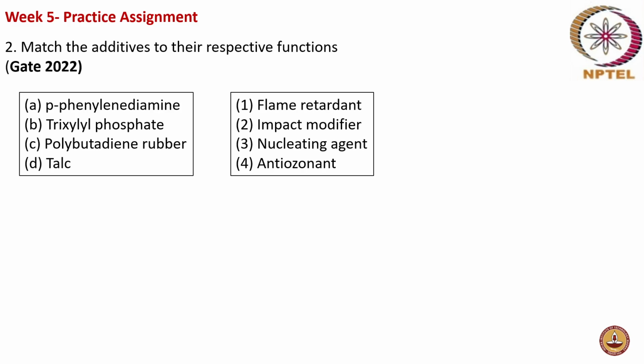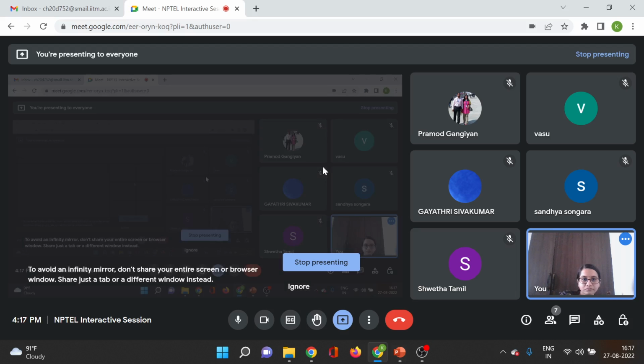One thing you can easily find out. The remaining may be a little tough for you, but one is very easy. What is that one and what is that function? You can just give a try.